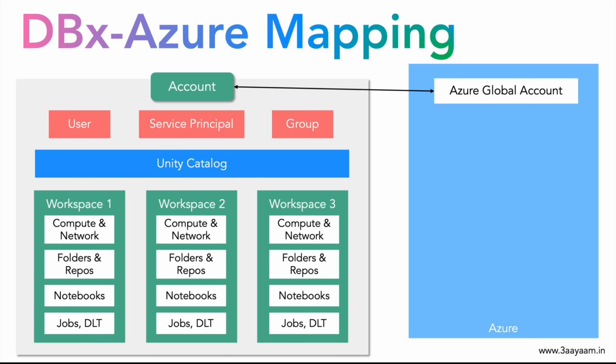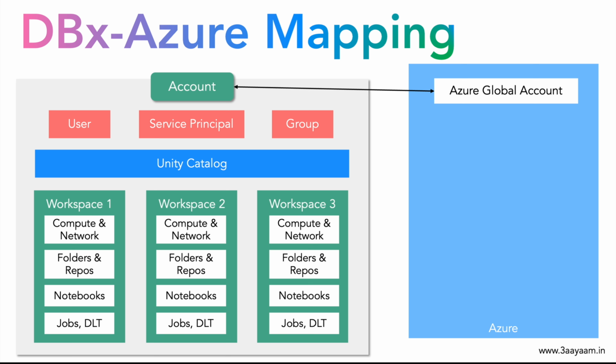So the Databricks account is mapped to that Azure Global Account. Whenever you try to log into the Databricks account, we have to use that Azure Global Account. Then we have these users, service principals, groups, which are nothing but the identities. And I had told you that these things remain within Databricks in a thick wall.